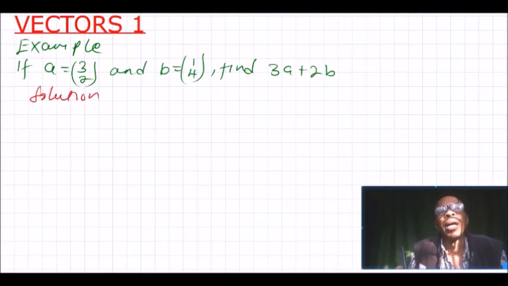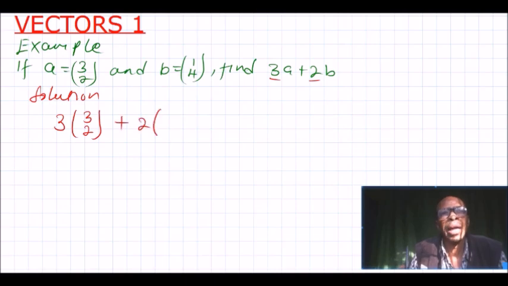Now, the solution to this one: we talked about scalars. So we can say 3 and 2 are scalars. So what we do is we say 3 times our vector (3, 2), plus 2 times our B (1, 4). When a scalar multiplies a vector, you multiply each element by the scalar.